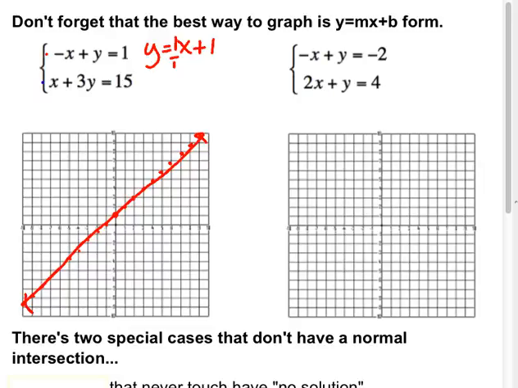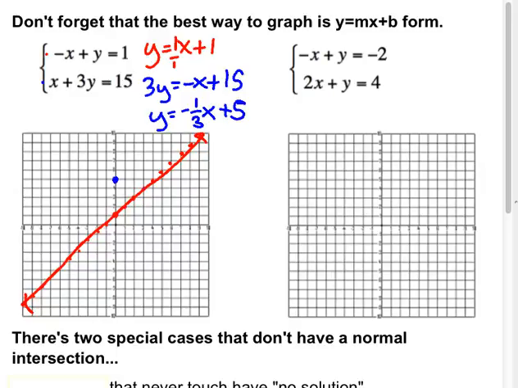For my second one, this is going to be two steps to get y by itself. I need to subtract the x and divide by 3. Once I've done that, now I'm ready to graph. Start at the y-intercept at positive 5, and now I have a slope of negative 1/3.